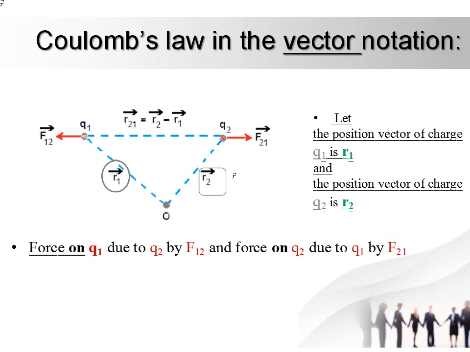Denote the force on Q1 due to Q2 by F12 and the force on Q2 due to Q1 by F21. You can remember the first letter denoting the charge acted on: on Q1 that's F12, and on Q2 that's F21.